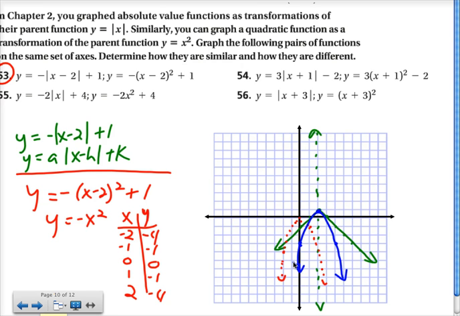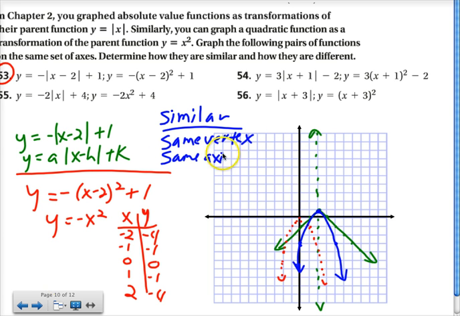And then it says determine how they're similar and how they are different. Similar: same vertex and same axis of symmetry, and that is at x equals 2. So those are the two things that they have that are the same. And then different is pretty obviously the shape.